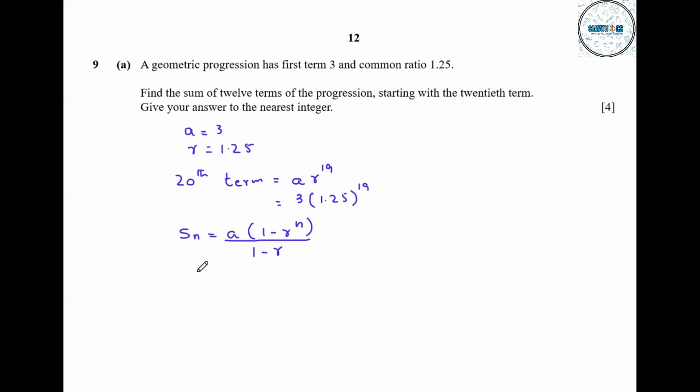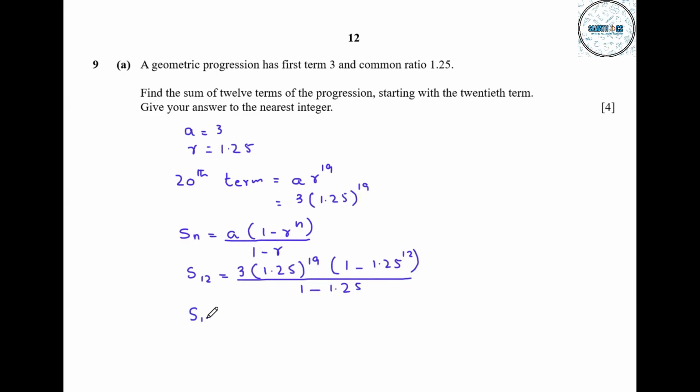We can take out the sum for 12 terms as a can be considered as 3 into 1.25 with power 19, times 1 minus 1.25 with power 12 upon 1 minus 1.25.